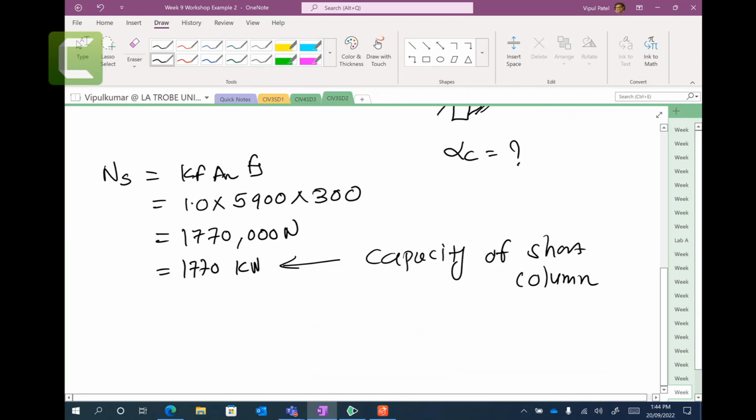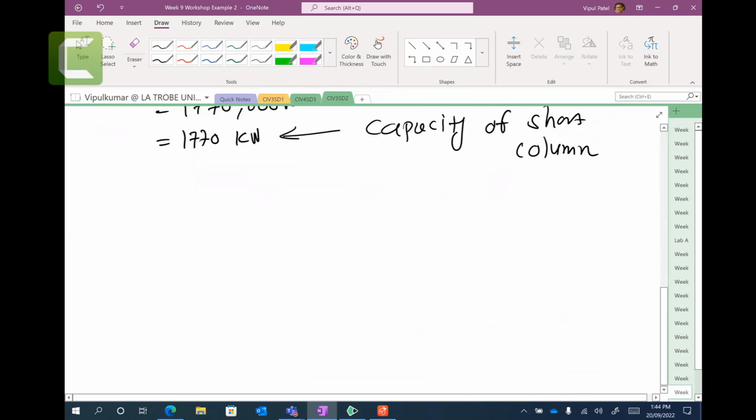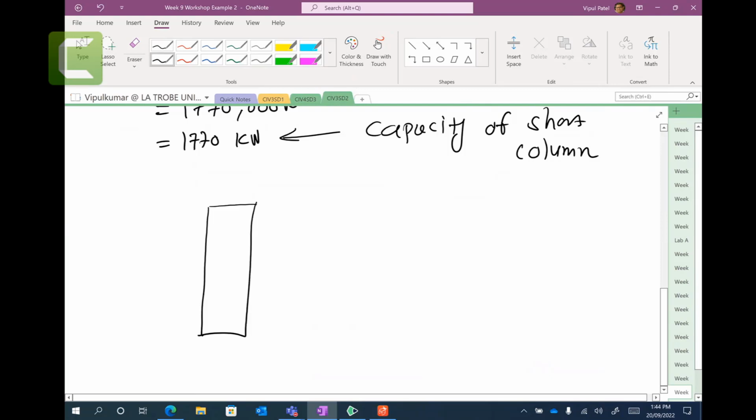Now we have two different lengths. Sometimes when you have bracing, let's say you have a column like this, and you can put the bracing on this side. But the other side, this side that you are seeing, is not braced.